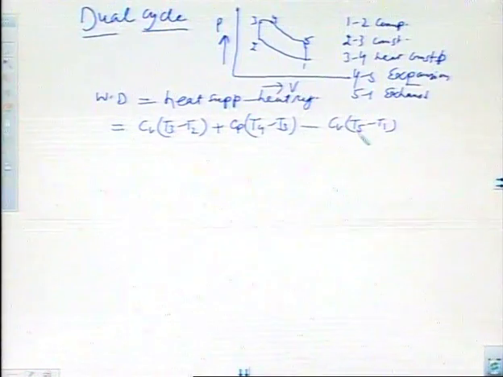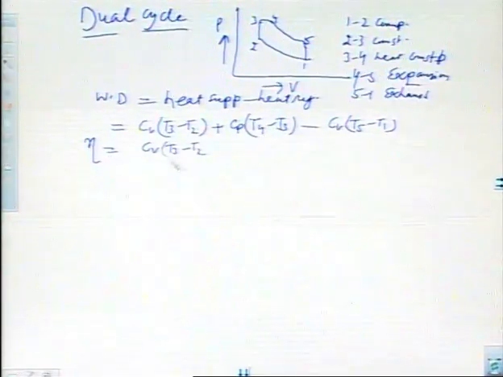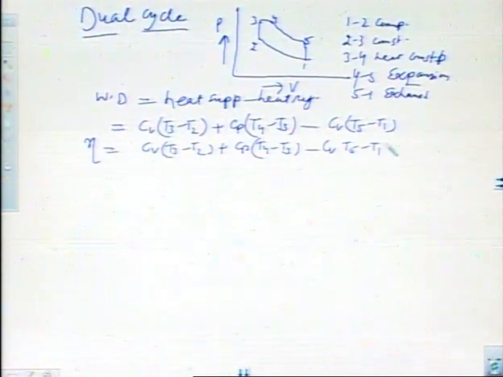Now, again I will write here the efficiency of the cycle. Efficiency is work done, that is CV T3 minus T2 plus CP T4 minus T3 minus CV T5 minus T1 divided by heat supplied.